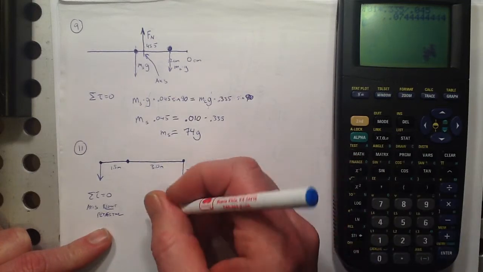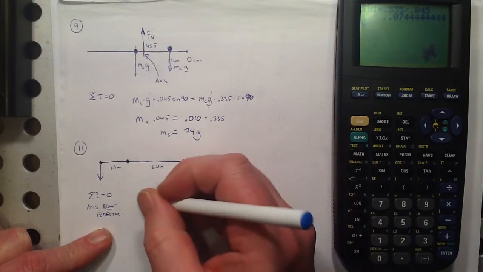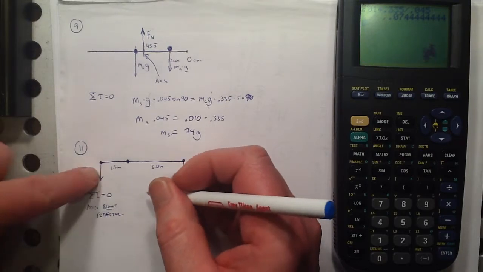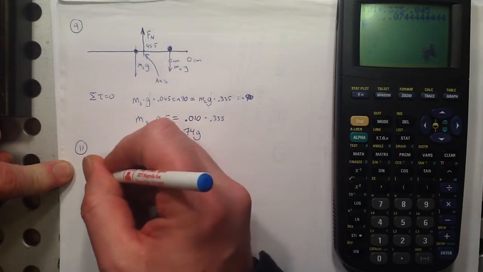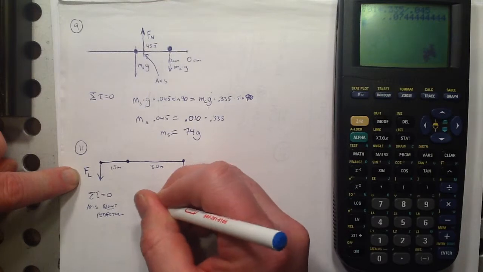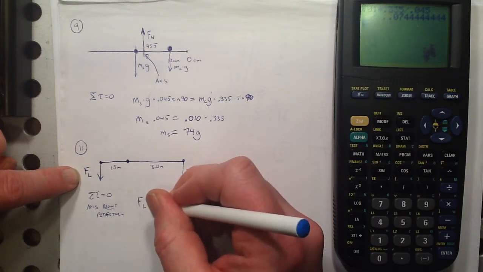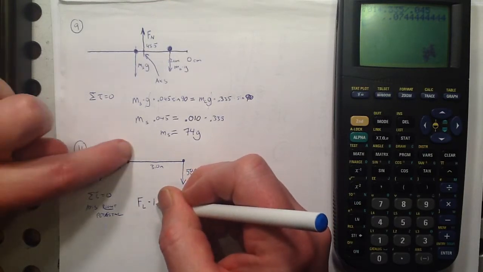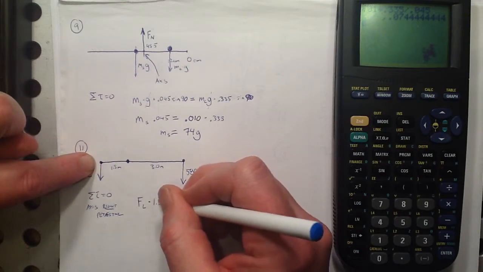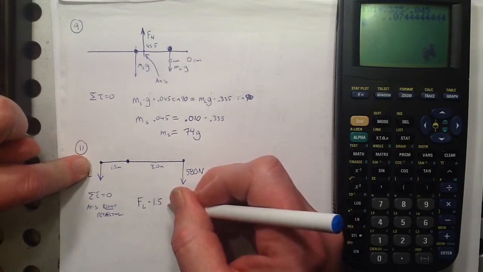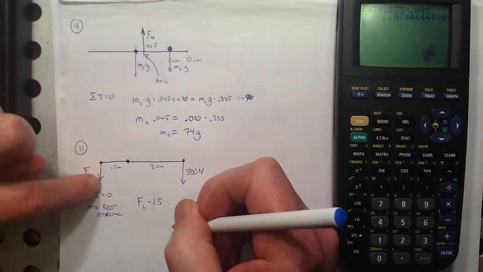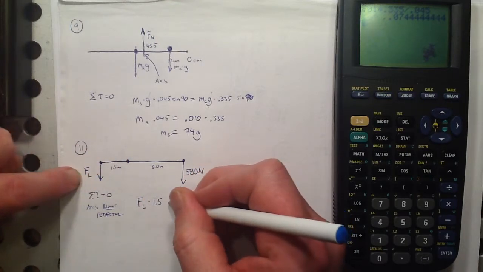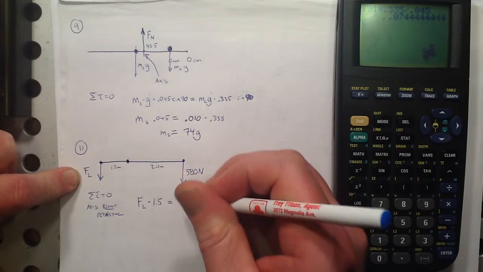So if that's the axis, then the equation would look like the torque from this, I'll call this force of the left pedestal. It would be force of left pedestal times the distance from the axis, which would be 1.5, times the sine of theta, it's 90 degrees. I'm just going to leave that out now. We've seen that enough times.